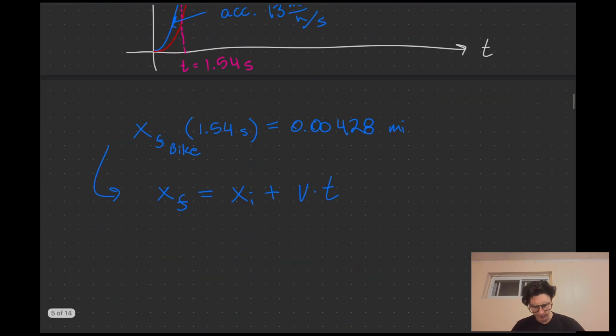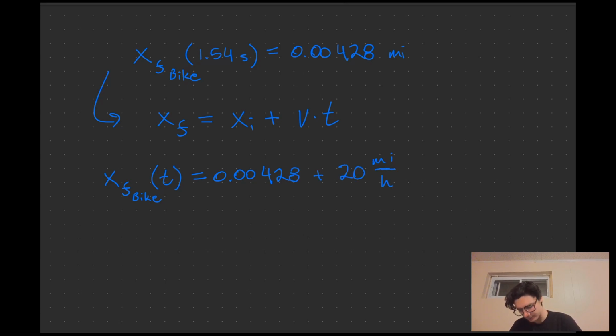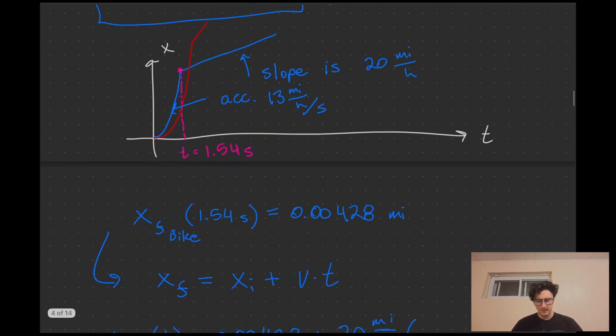So let's take a look at how we can work with this. We have a final position of the bike as a function of time, and it starts at 0.00428 plus 20 miles per hour. But the important thing here, this time, is we are starting this function over here.